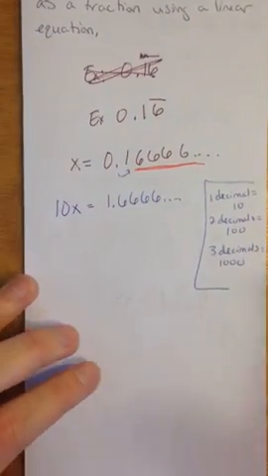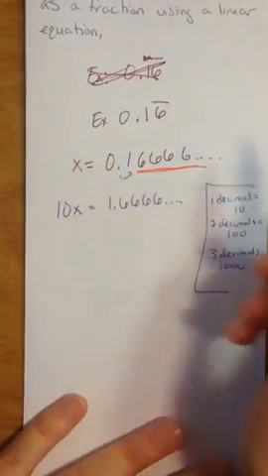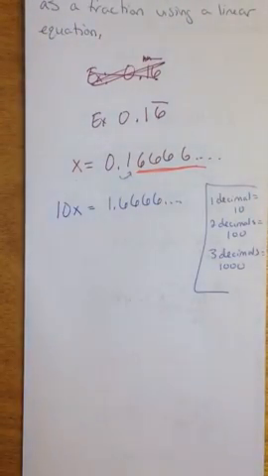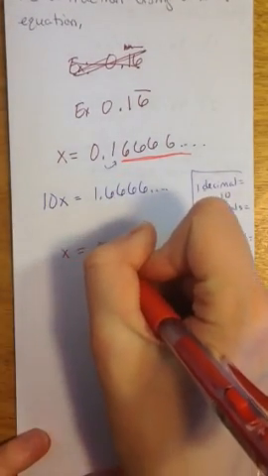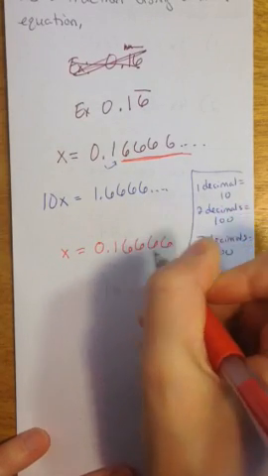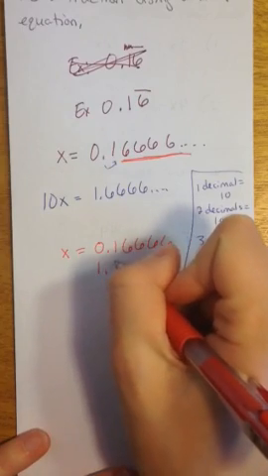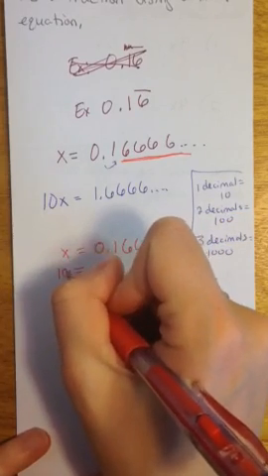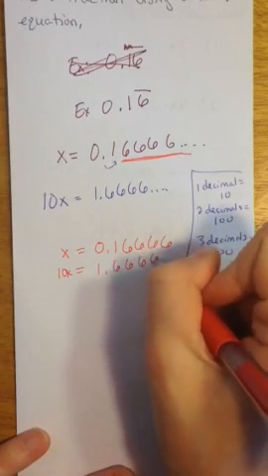Okay. So now I'm going to line up these two numbers. So I have x equals 0.166666 repeating, and 10x equals 1.6666 repeating. So now if I line them up top to bottom, I'm going to have x equals 0.1666, and then 1.6 is 10x, I'm sorry, 6666.